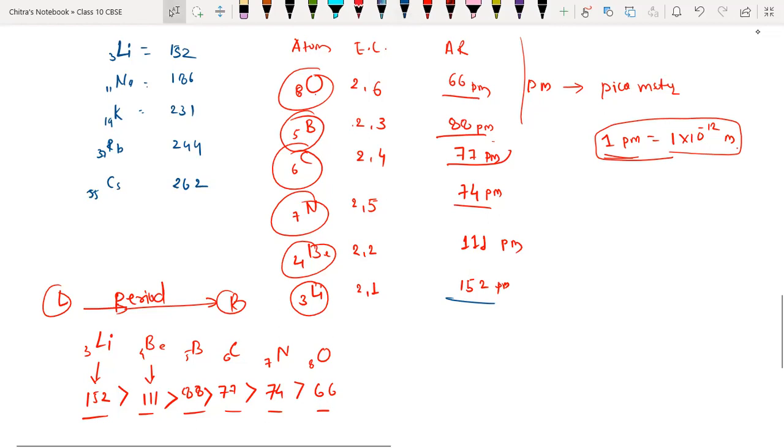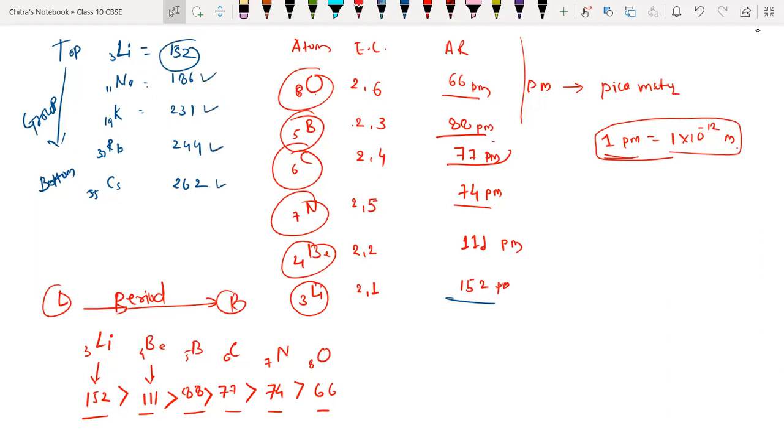See here, this is the top and here we have bottom. So when we are moving top to bottom, it is the group. Along the group, all the time atomic radius increases: 152, 186, 231, 244, 262.